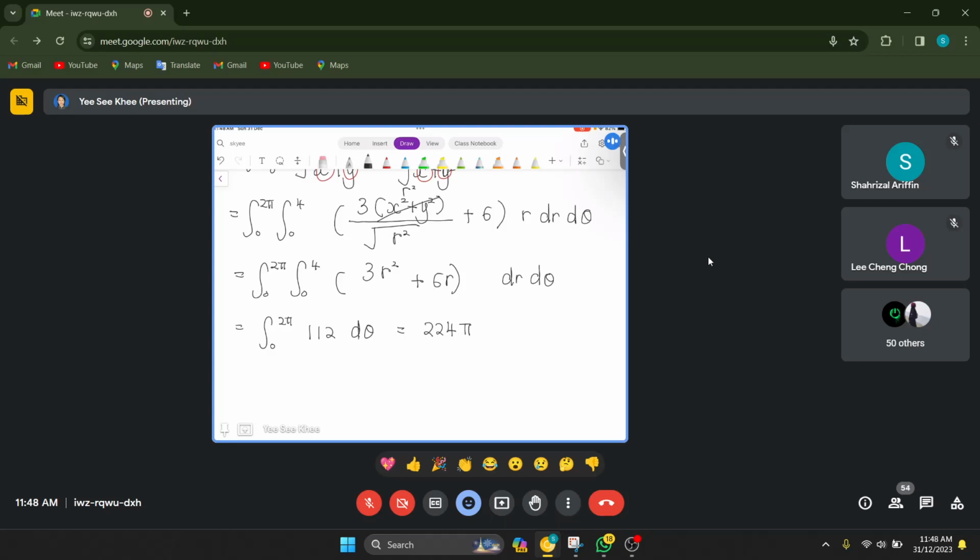You just multiply it. In the module you see that the flux has a unit, because in the question they mention that the density is 1 over m cube, so you write it as m cube per second. What does this mean? It means that for 1 second there will be 224 pi meter cube of water coming out from the surface of the cone.